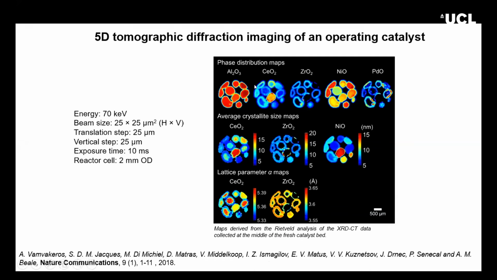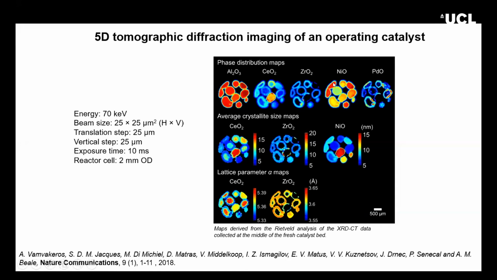That's the sort of information that we're now looking to get from diffraction computed tomography, because that really shows its value. It's one thing to say that we've got different components in there, but in the end, as chemists, we want to understand structure-activity relationships, and subtle differences in the amount of ceria and zirconia will affect the performance of this material. Or, for example, the phase of the nickel.